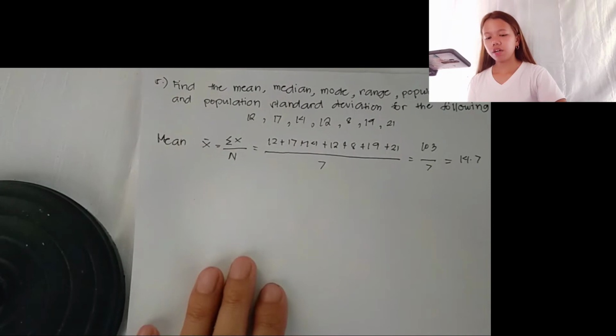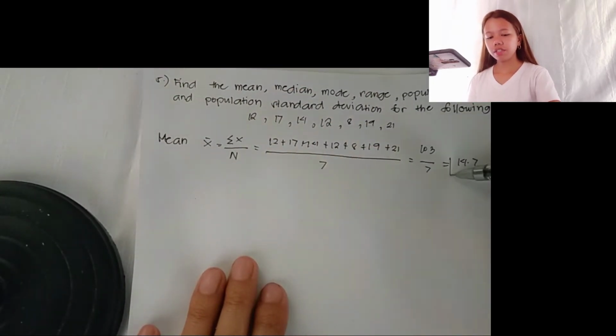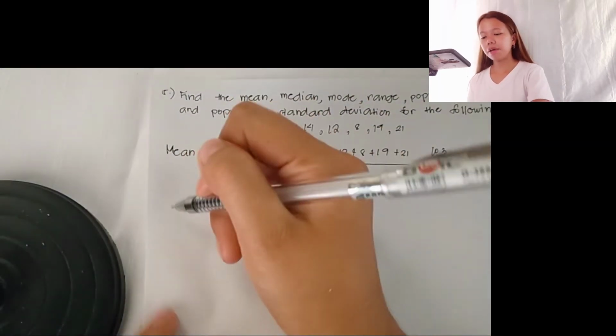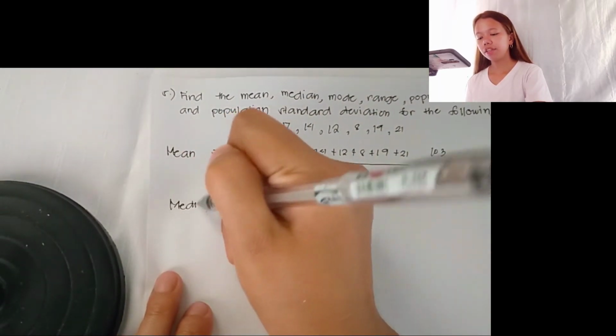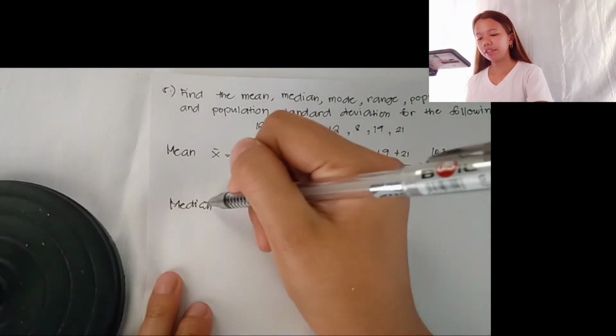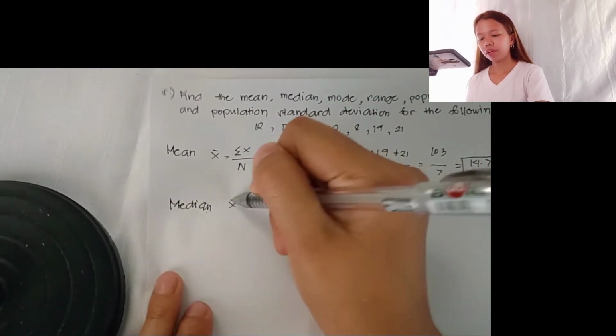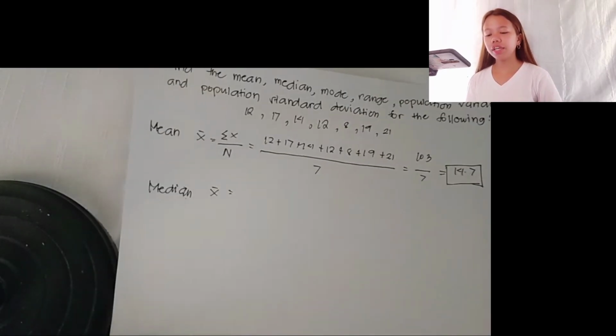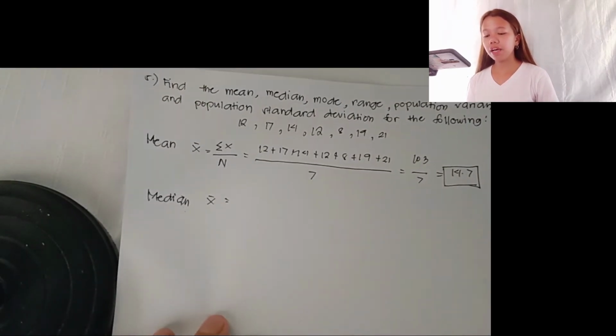So this is our mean. Next, let's find the median. Median is the midpoint of the values, or the numbers. So let's arrange the numbers from least to greatest, or vice versa.